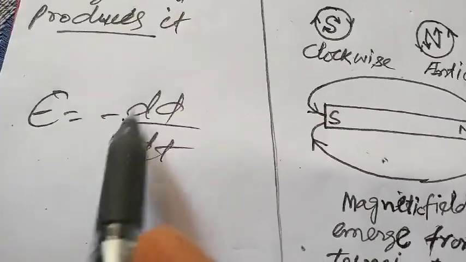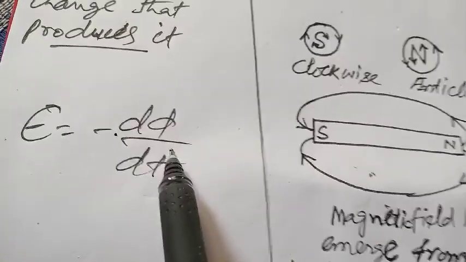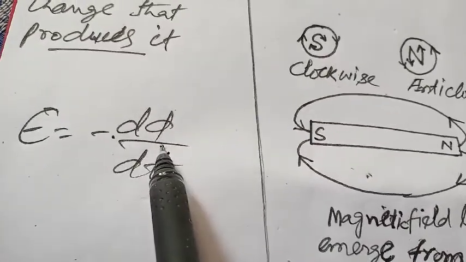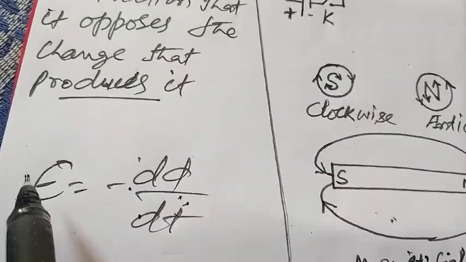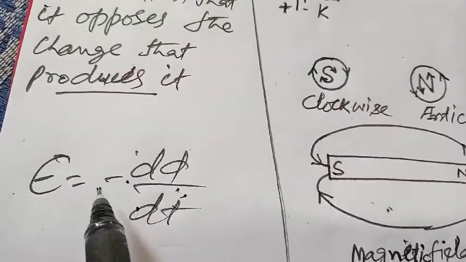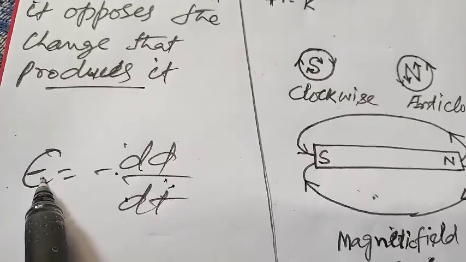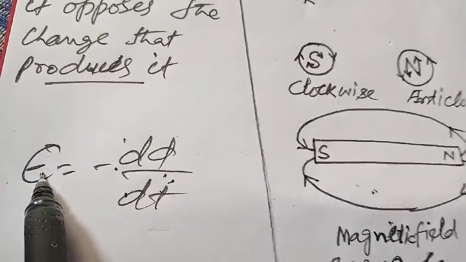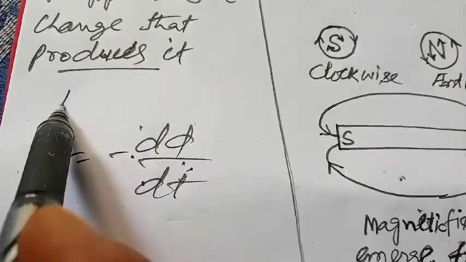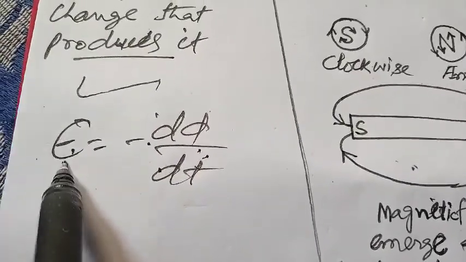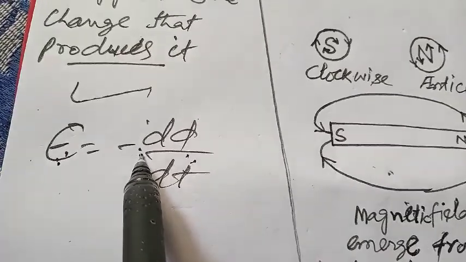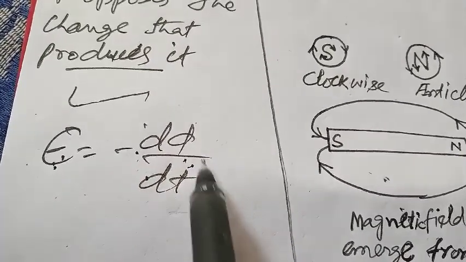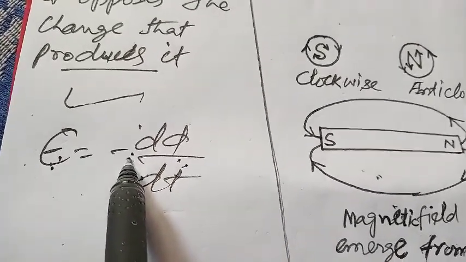The negative sign means the change in flux is opposed. The induced EMF is in such a direction that it opposes the very cause that produces it, and that is because of this minus sign.